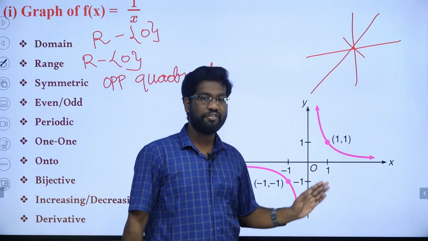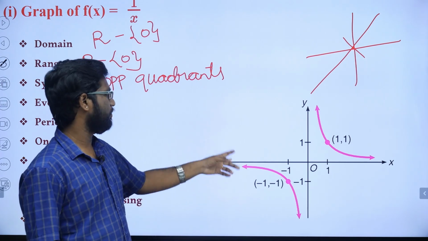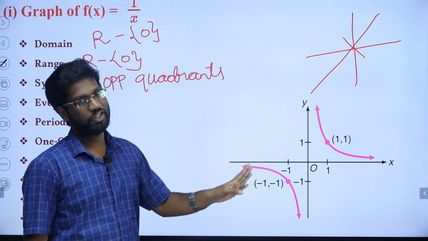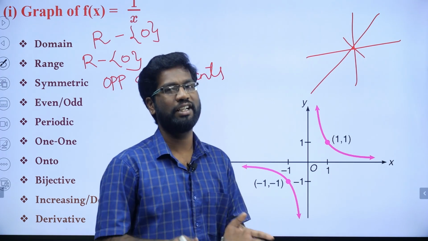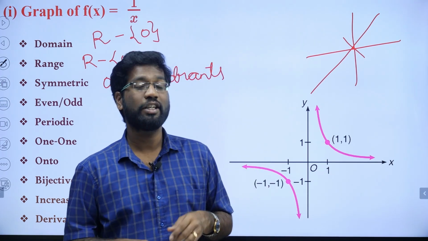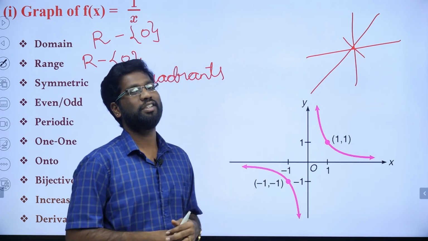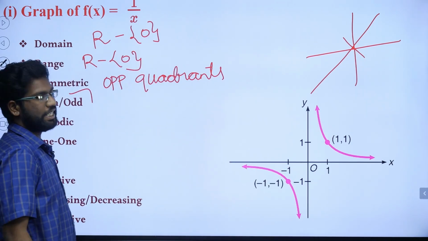Mostly it will cover everything. So if it is symmetric about opposite quadrants, then we can say this is an odd function, my dear students. I hope you all know the definition for even and odd. Everything I have explained in the previous lectures, my dear students. If you have time, please go and watch and learn it. Okay. So this one is an odd function, my dear students.